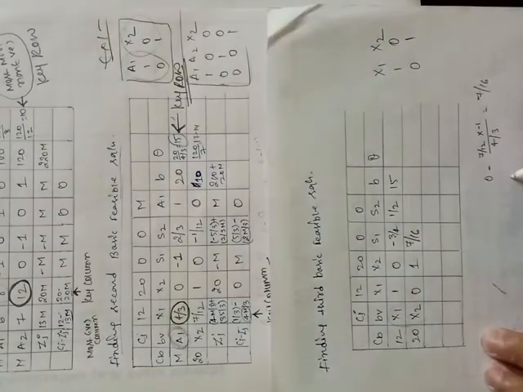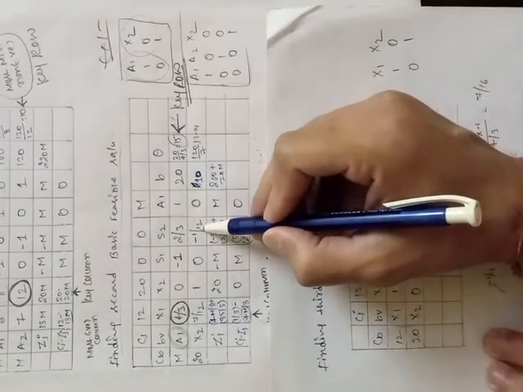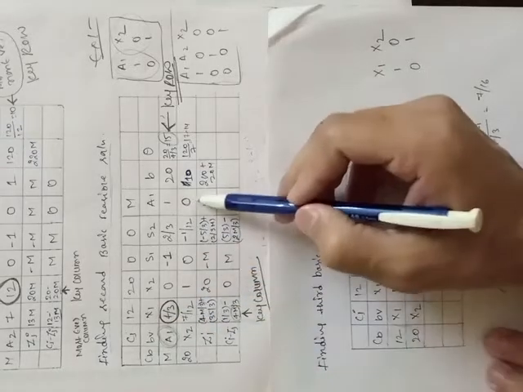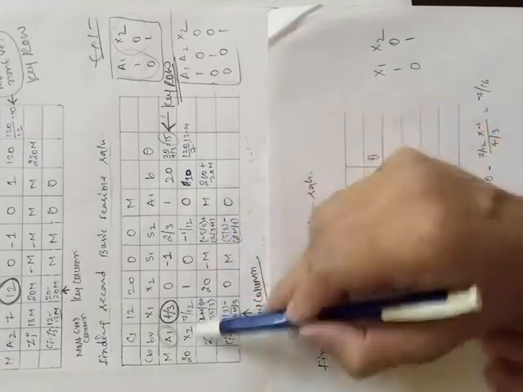So -1 by 12 minus corresponding key column elements. See the key column, this is a key column, and we are finding the s2, x2.